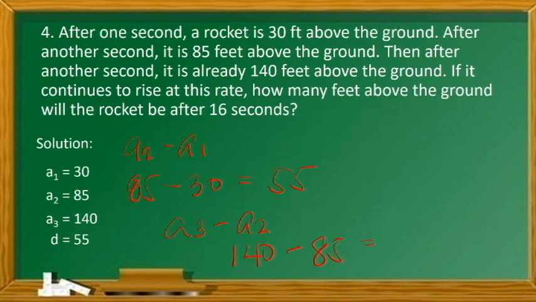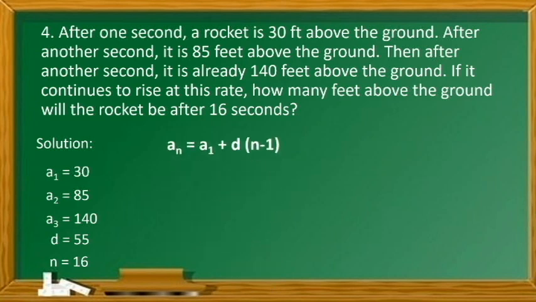If we subtract that, we will get 55. So meaning to say, our common difference, or d, is 55. So let's now continue. So now, since d is 55, then n is equal to 16.